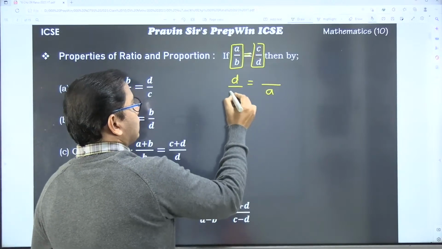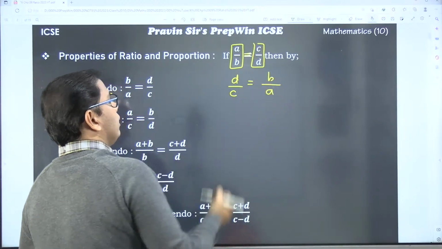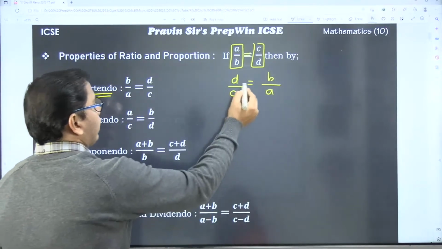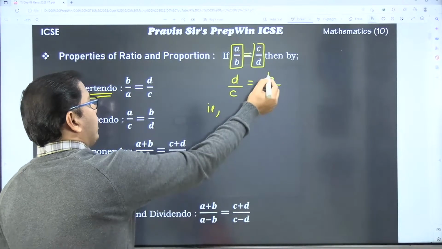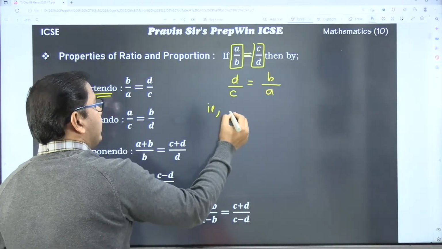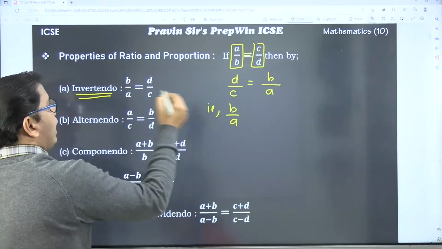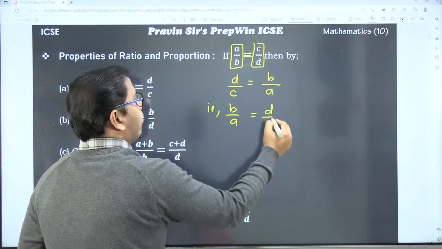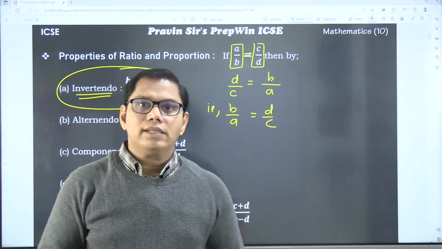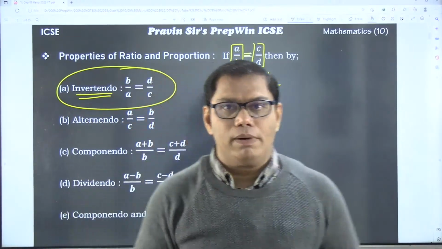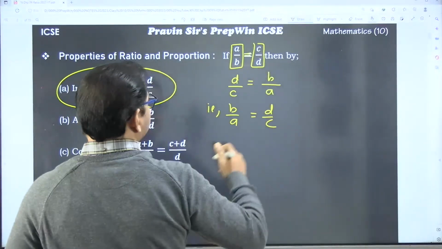And C and B have interchanged their position. This is exactly what we have got, but we need to change our sign. So right hand side is first written here, B by A is equal to what? D by C. So first property, how can you get? By a simple cross multiplication. That's it. Not a big deal.